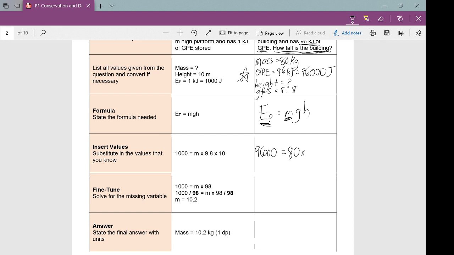So 80 times, and then my gravity on Earth is going to be 9.8. And then, do I have something for my h?